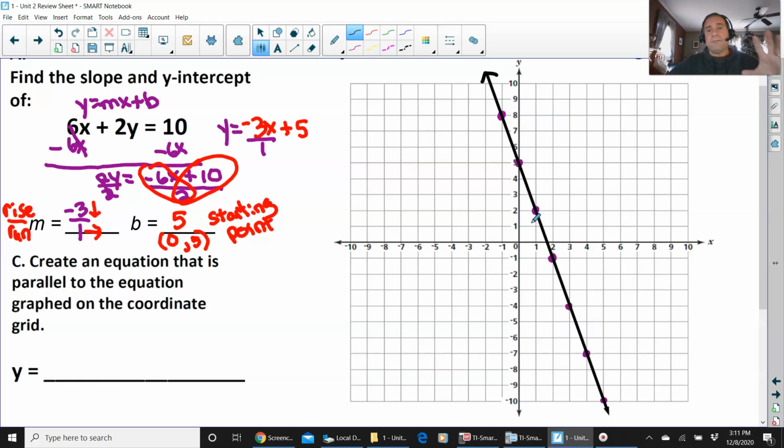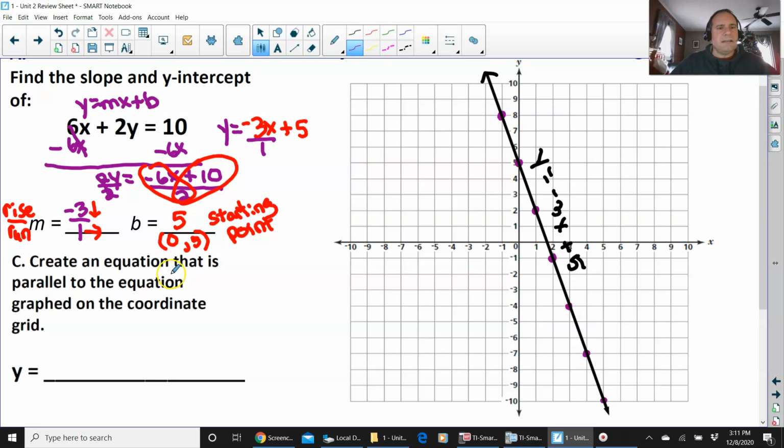All right, so if you make a mistake, you'll see one of these points that you have to swerve to hit or to connect. So that is your line. So I'm going to put y equals negative 3x plus 5. That's the equation of that line.